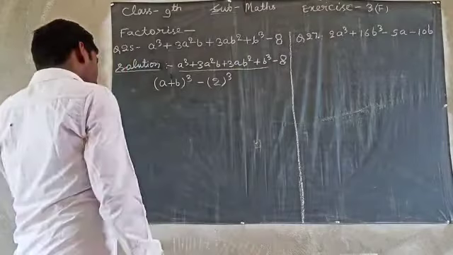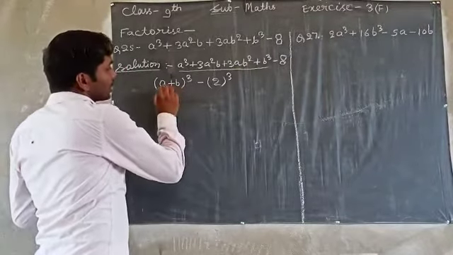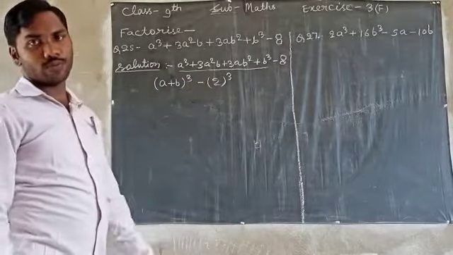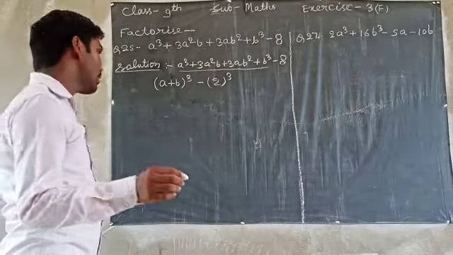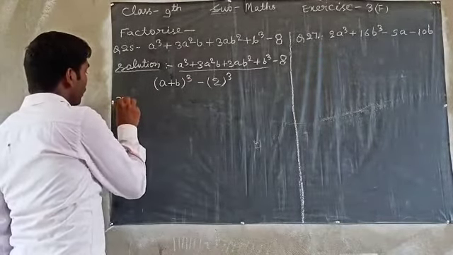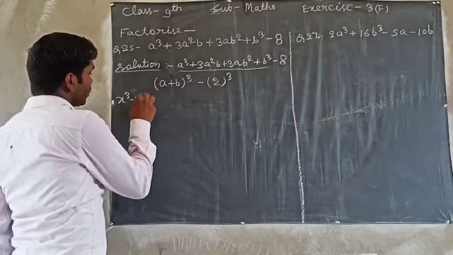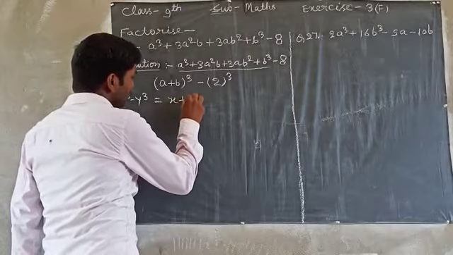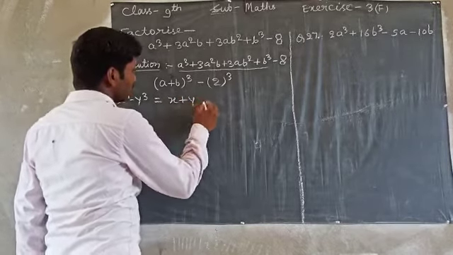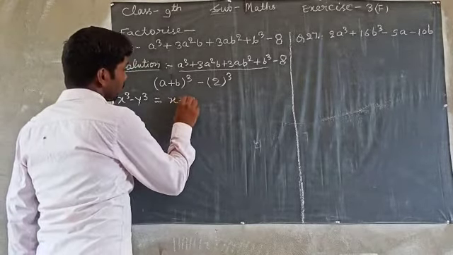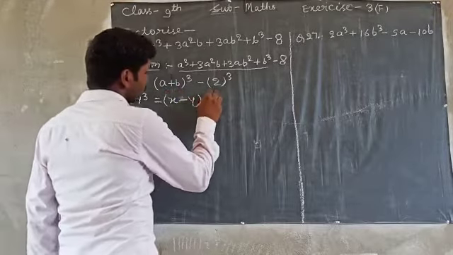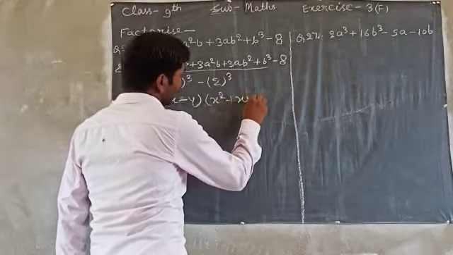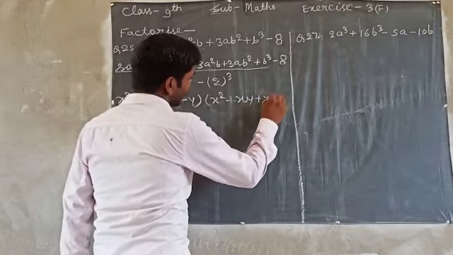Now you can see that the question is in the form of a difference of cubes, and I have already told you the formula that x cube minus y cube is equal to (x minus y) times (x square plus xy plus y square).